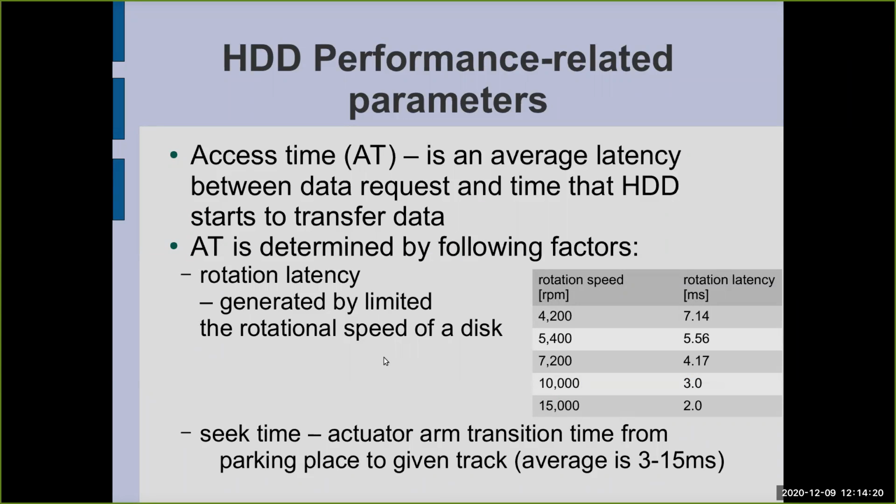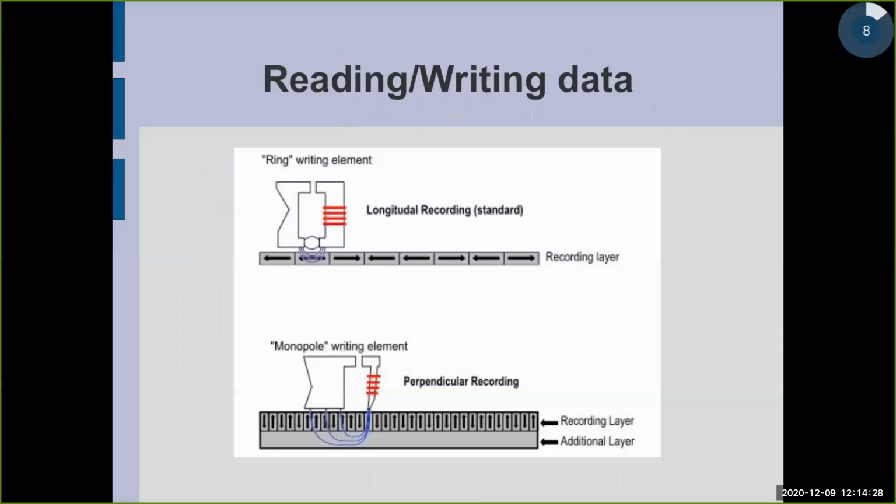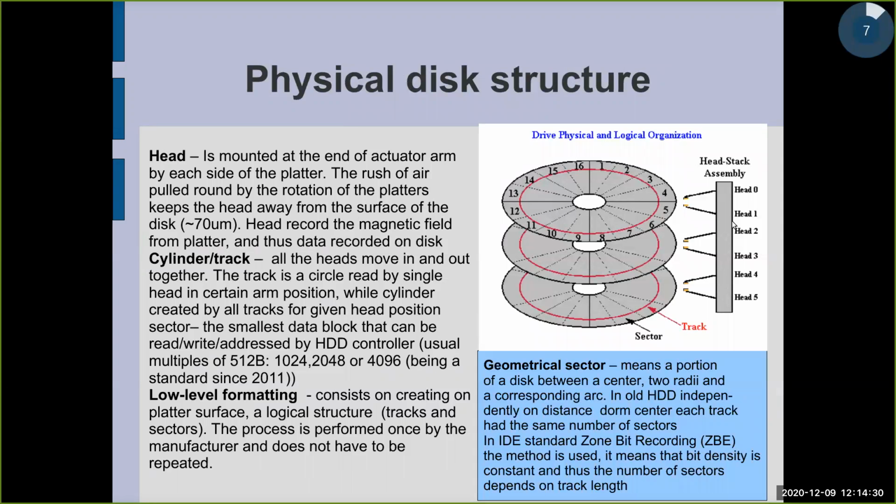There are several factors which affect the access time. First, if I request particular data, the first thing the control system has to do is to position the head over a particular track.